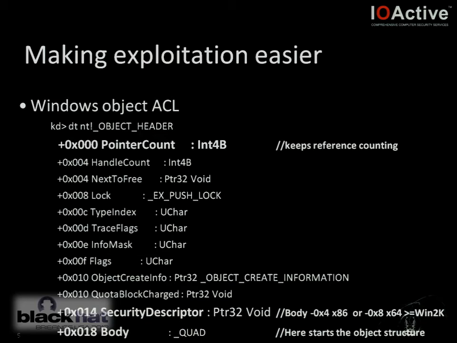So basically, for instance, if you get the LSASS process, which is a process that runs under the system account, you get the address of this pointer and just write null there, and instantly that process ends up without any ACL.